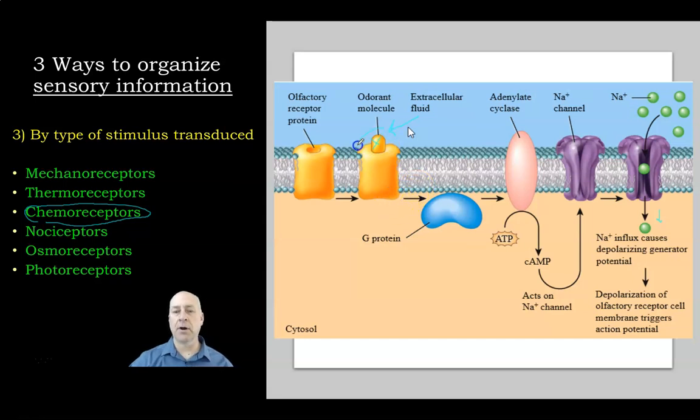Because you're binding on one integral membrane protein, but then you're affecting transduction and ion transport on a separate one, and they're coupled together by this very common G protein, adenylate cyclase, cyclic AMP, this whole process. If the binding and the channeling were all done on the same protein, remember that would be ionotropic. Right? So just a piece of review right there.